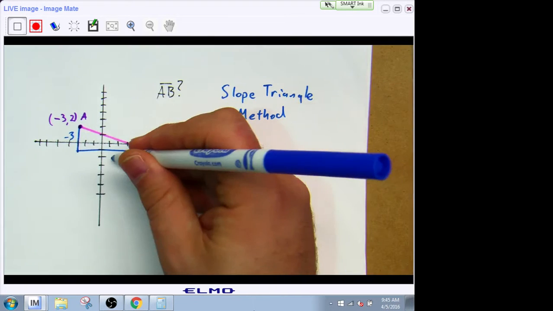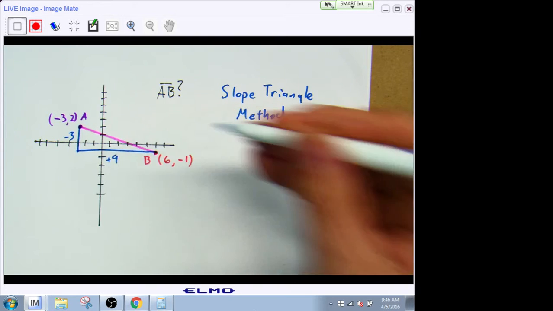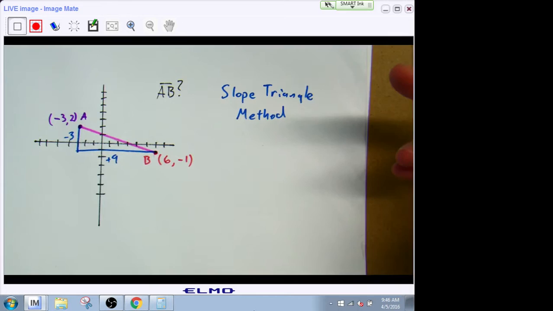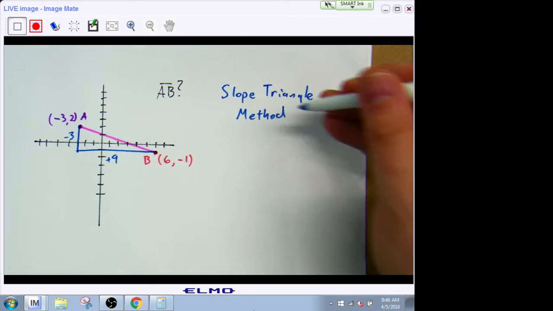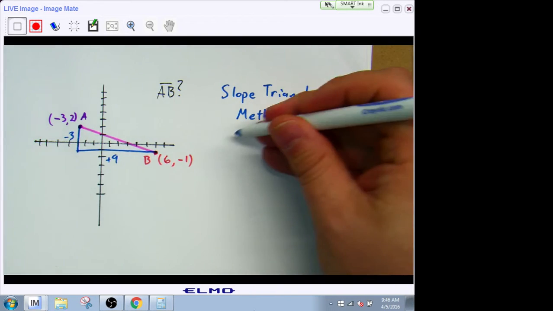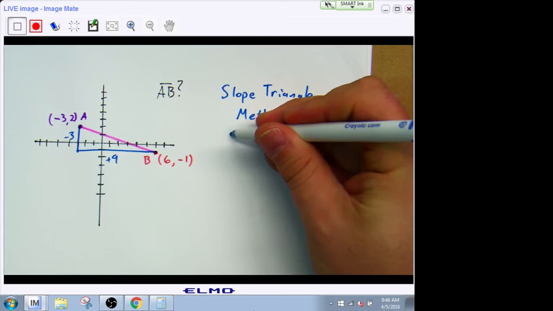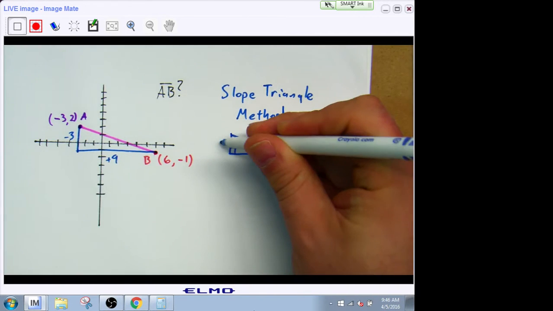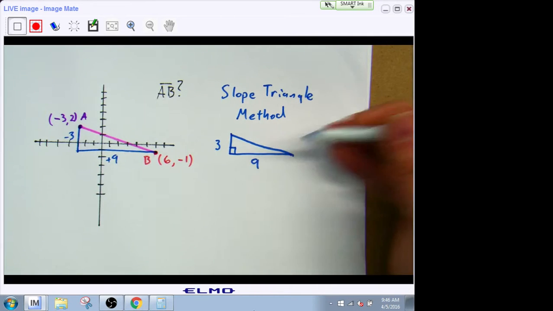That would be the difference of 9, a positive 9. So in doing this, what I've done essentially is by looking at the slope, I've created a little right triangle where this complicated thing suddenly becomes a right triangle where I have the length of 3 and a length of 9.